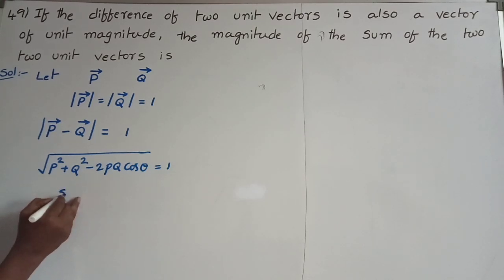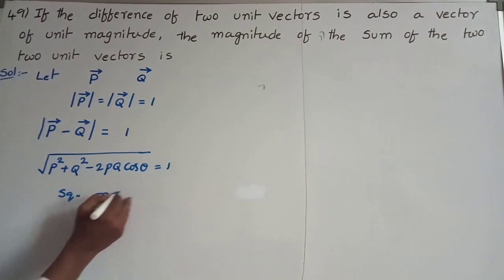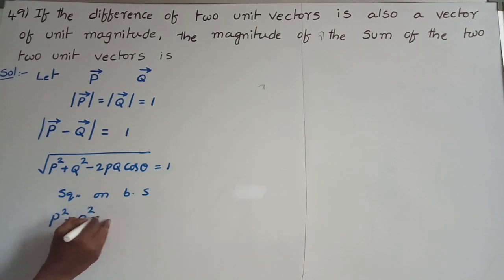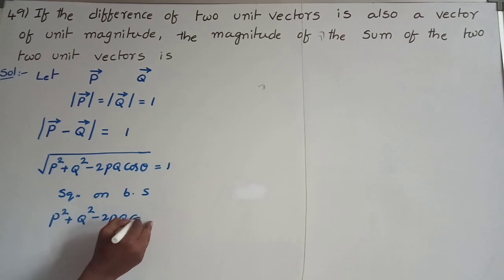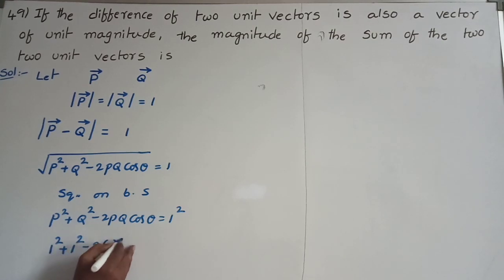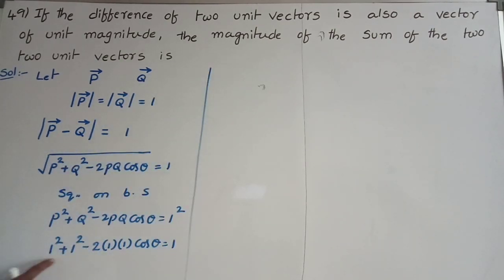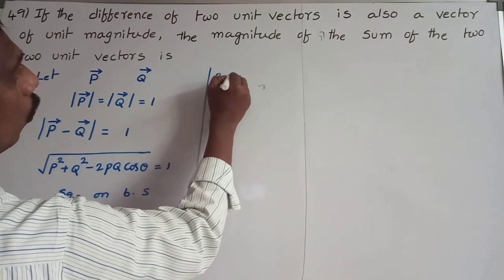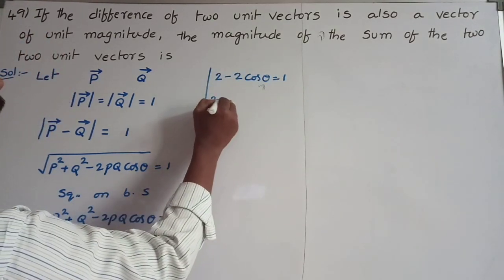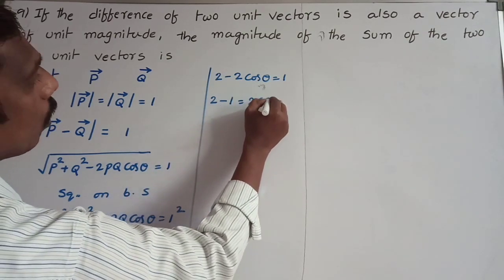Here squaring on both sides, then we get P square plus Q square minus 2PQ cos theta is equal to 1 square. 1 square plus 1 square minus 2 into 1 into 1 into cos theta is equal to 1. From this, 1 square plus 1 square is 2, so 2 minus 2 cos theta is equal to 1. 2 minus 1 is equal to 2 cos theta.